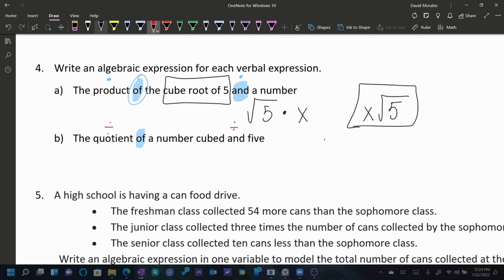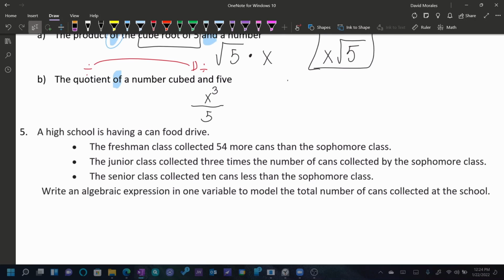So number cubed is the first participant: x cubed and 5. Again, if you have two ofs, just pay attention to how it's ordered.